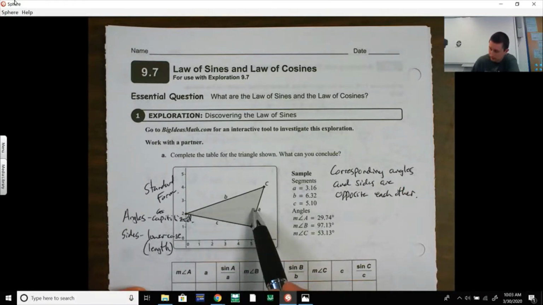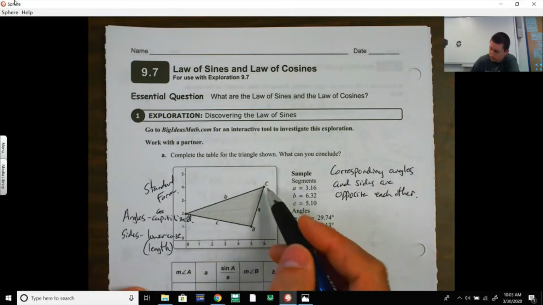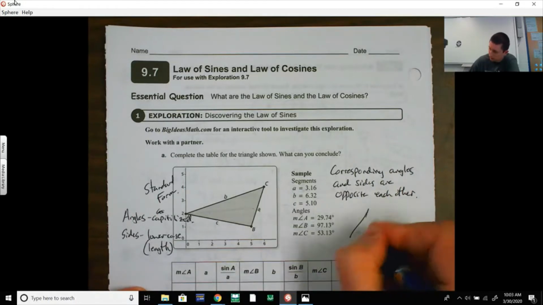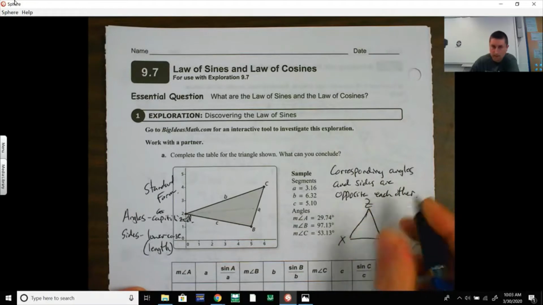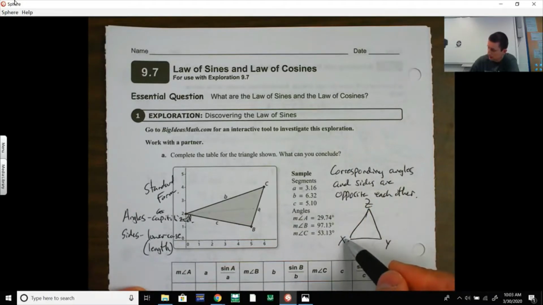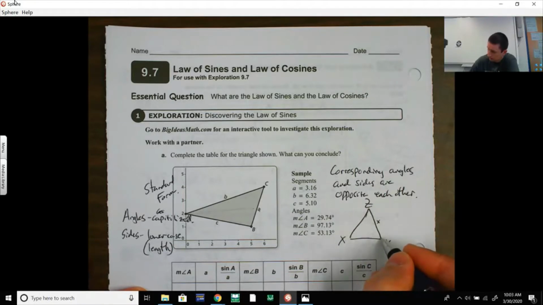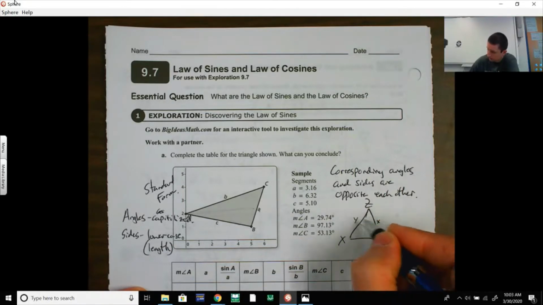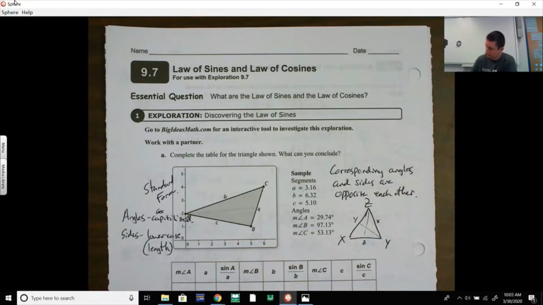That's opposite, that's across. It's not the adjacent ones. Opposite side c would be angle C. So if I did a triangle with X, Y, and Z, if this is an uppercase X, this side would be the lowercase x, this side would be the lowercase y, and this side would be the lowercase z. So sides are lowercase, angles are uppercase, capitalized, and they're opposite each other.